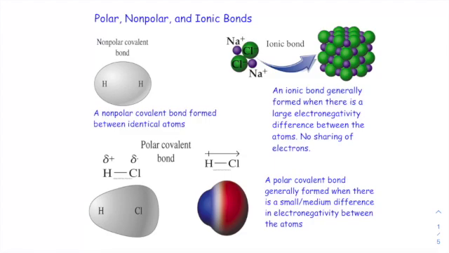A nonpolar covalent bond is between identical atoms or between a carbon and hydrogen. If it's between carbon and hydrogen, we're going to say it is nonpolar. If it's hydrogen-hydrogen or fluorine-fluorine, those are obviously nonpolar.